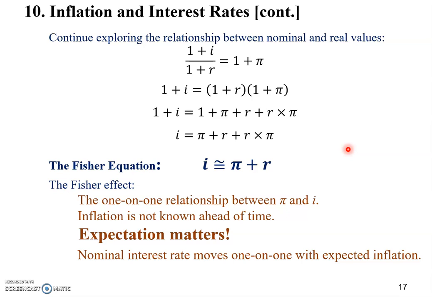And one more thing I want to bring to your attention: remember, we got rid of this product of the real interest rate and inflation because we believe it is too small. However, during a hyperinflation period, you would find that the expected inflation is going to be extremely high.